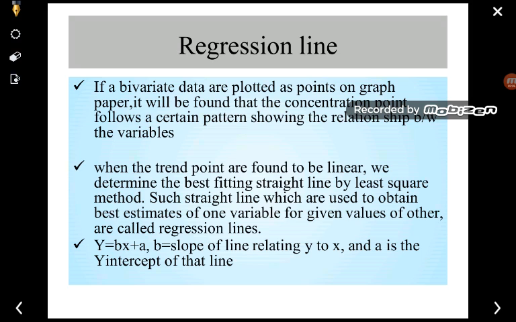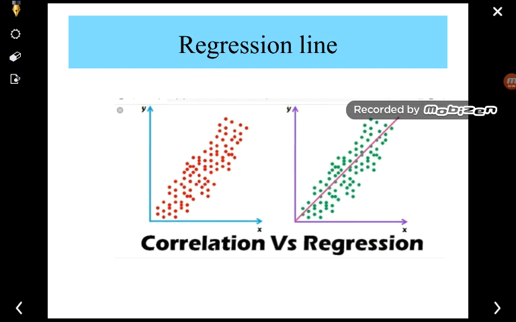So what is a regression line? Here you can see the graph where this is the x variable and this is the y variable. This is the x-axis, this is the y-axis. The variables are represented in the form of dots. These are nothing but the correlation. But this is the regression line.